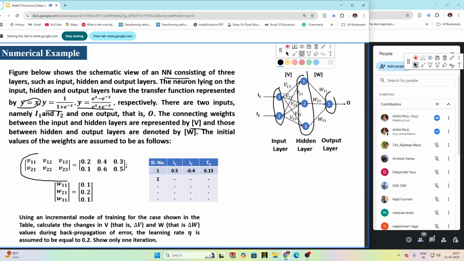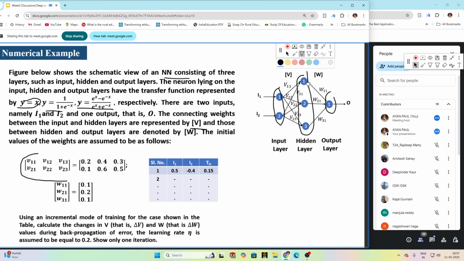V11 is the weight connecting the first neuron of the input layer to the first neuron of the hidden layer, so that is why it is V11. This will be V12, this will be V13. Similarly, this will be V21, V22, V23. That is how this matrix has been written.